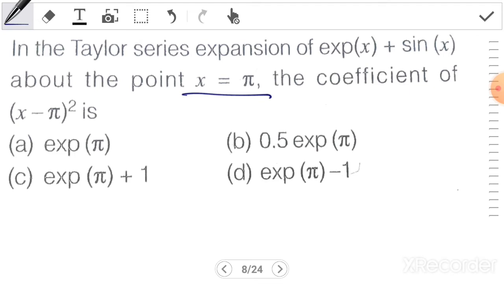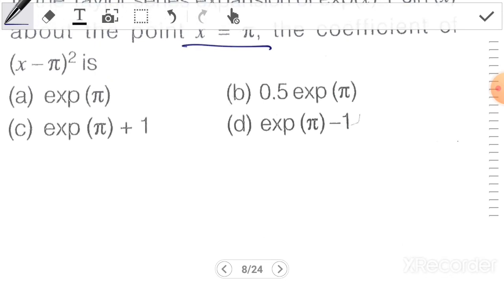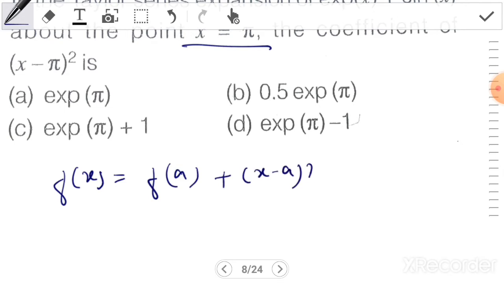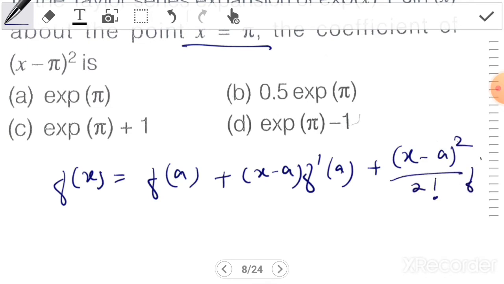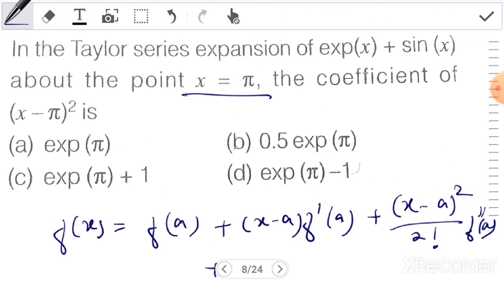So we wish to expand about x equal to pi, and if you remember, Taylor's series expansion about x equal to a is f(x) equal to f(a) plus (x minus a) f dash a plus (x minus a) whole square by 2 factorial f double dash a, and so on.